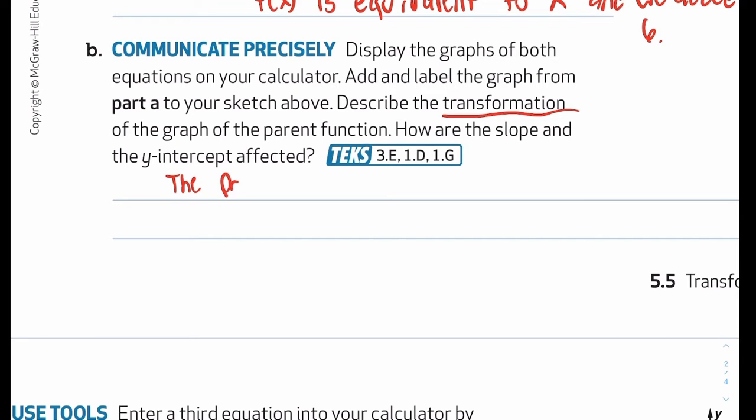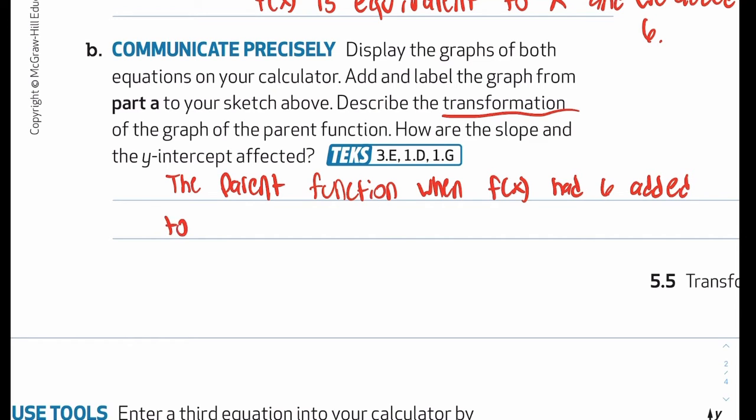The parent function, when f of x had 6 added to it, shifted up 6 units. When we add 6 to the function, it shifts up 6 units.